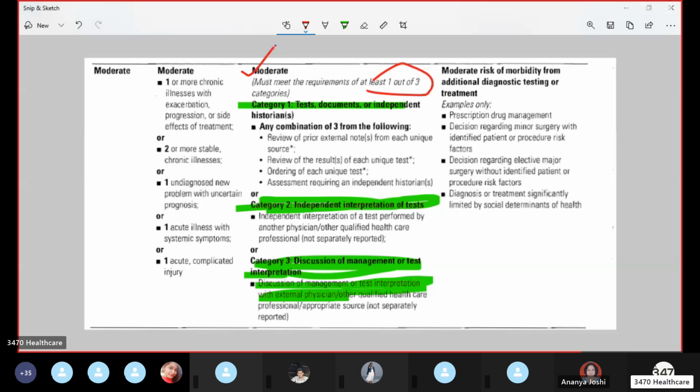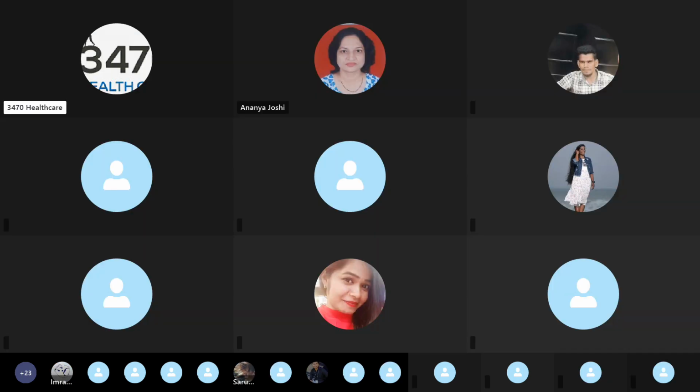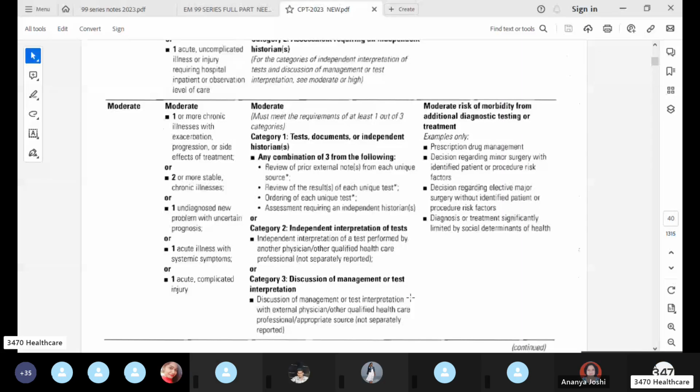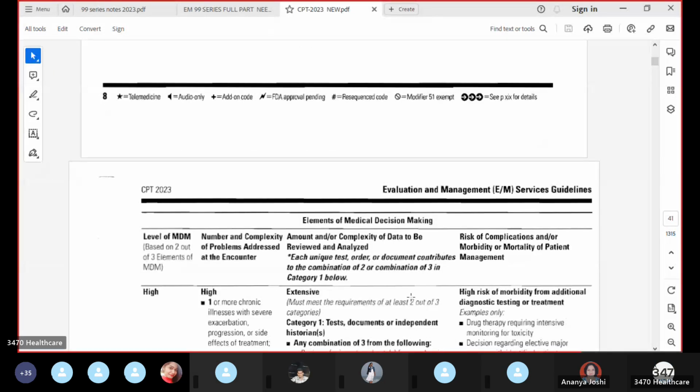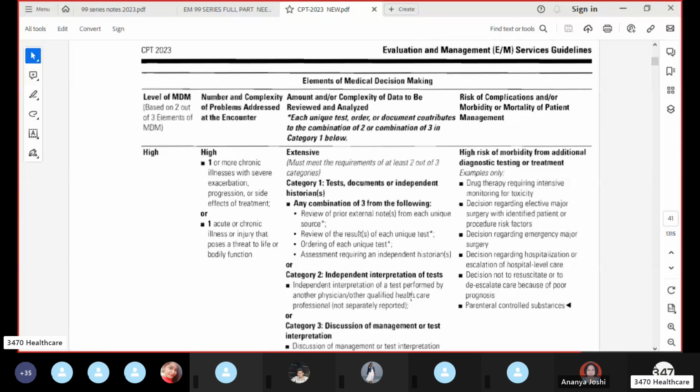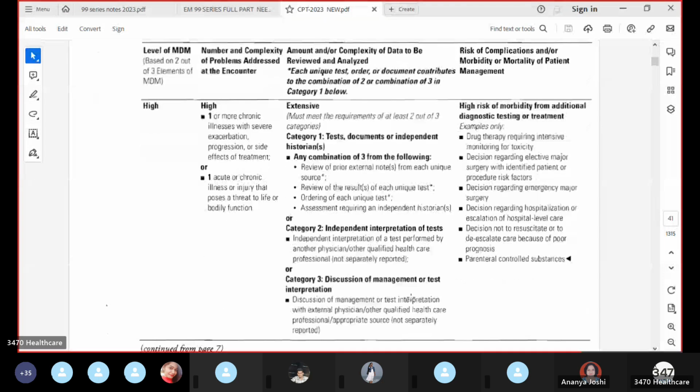Now in the 3 categories, if any 2 categories are met? Check correctly inside the book and tell. 3 categories present, 2 categories met? High. Good.